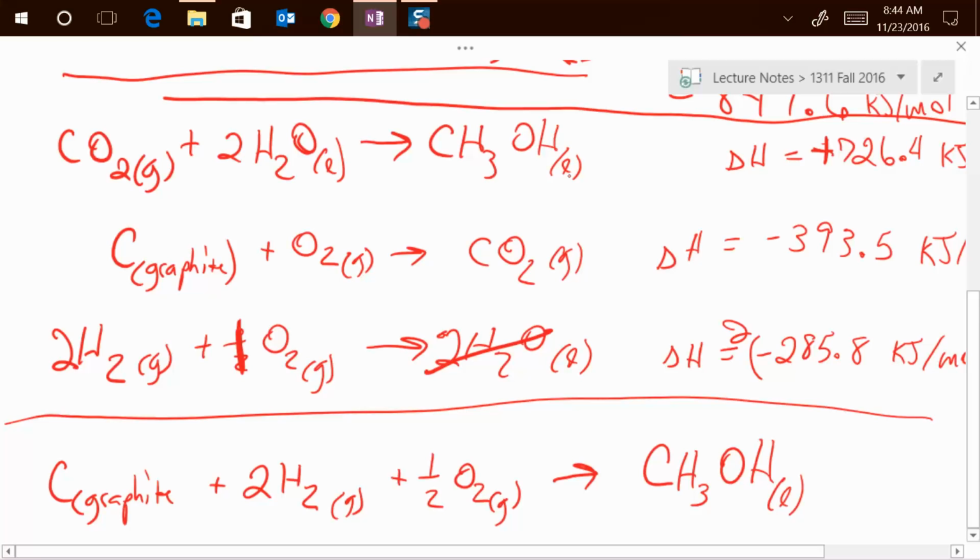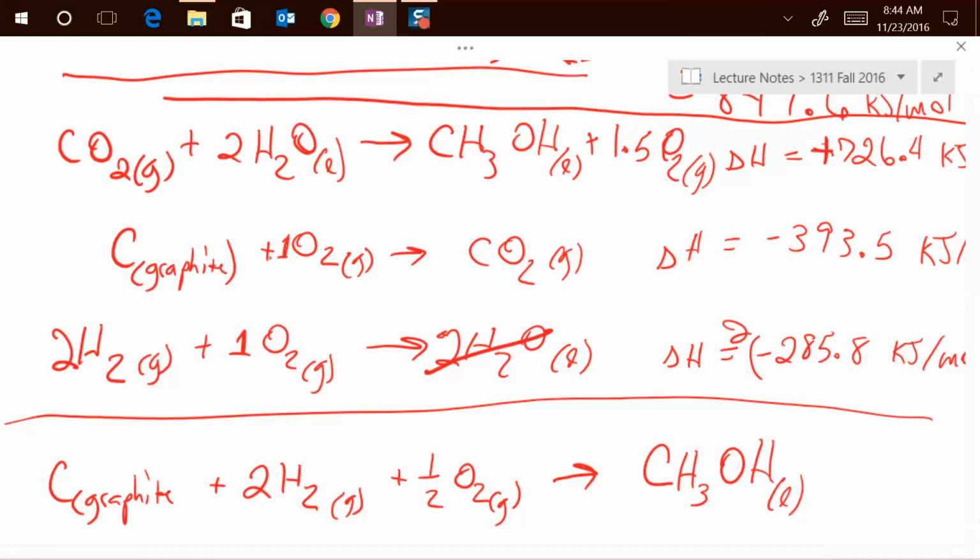And I'm going to write it as decimals instead of a fraction, because that will really help us better see what's happening. So on this side of the reaction, I have 1.5 oxygens. Over here, I have 2 oxygens. So when those cancel, I'm going to cancel 1.5, and I'm left with just a half.